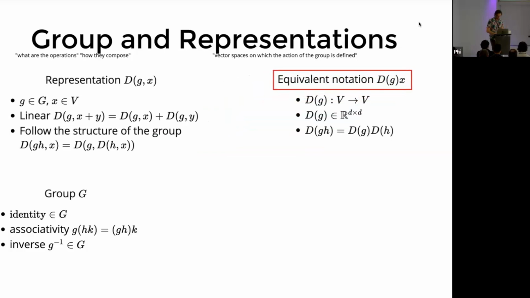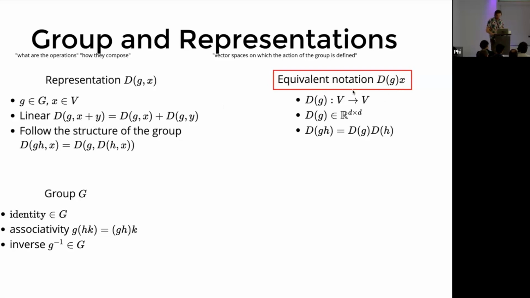And there's an equivalent notation using matrices that I will use later instead of this d of g comma x. Because the representation is linear, if your vector space is of finite dimension, you can represent this linear operation as a matrix. In this case, you will write it as dg as a matrix, applied on x by matrix vector multiplication.